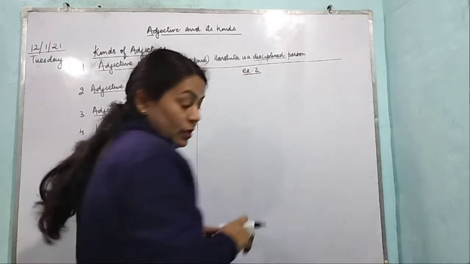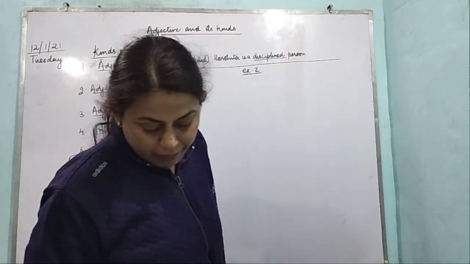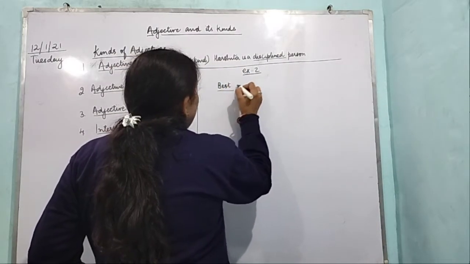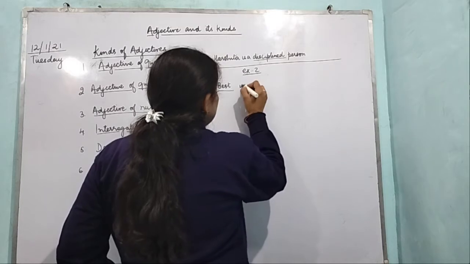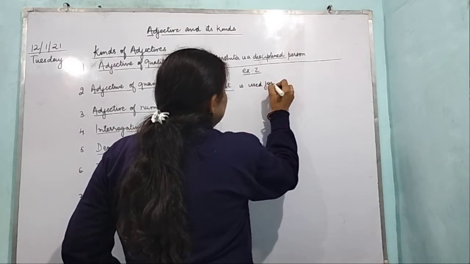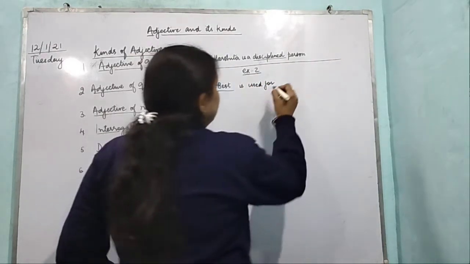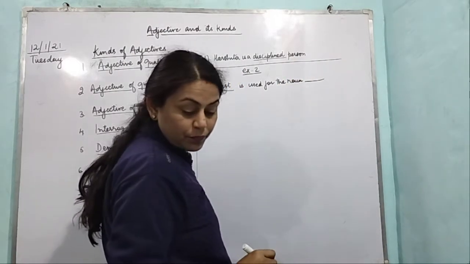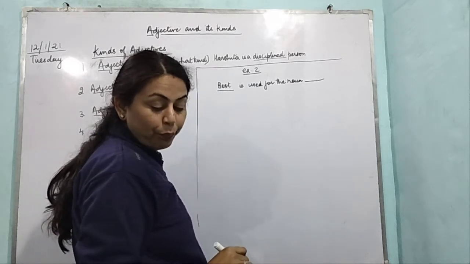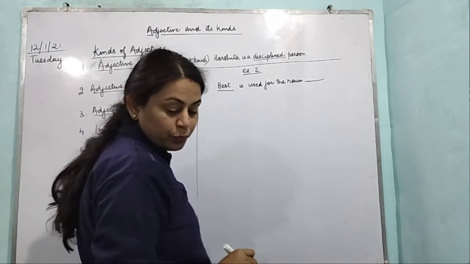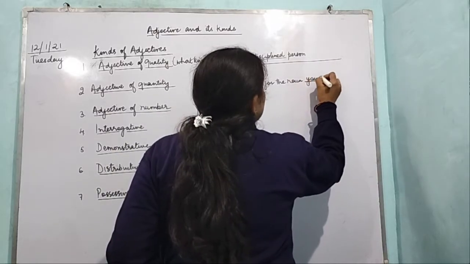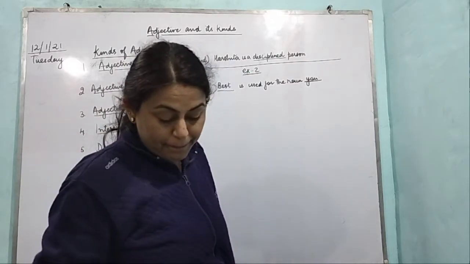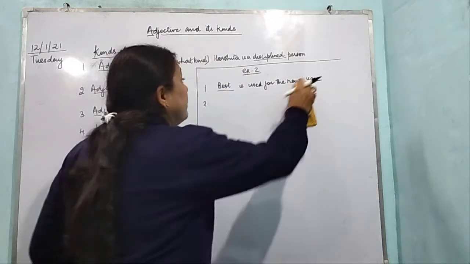Exercise number 2. Underline the adjective of quality and write the noun. You are my best friend. So best is the adjective. आप लिखिए best is used for the noun friend.